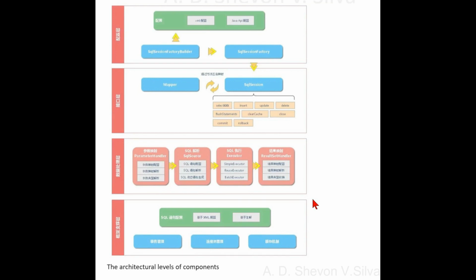Two, execute SQL statement and process the response result set. After the dynamic SQL statement is generated, MyBatis will execute the SQL statement and convert the result set that may be returned into a list.